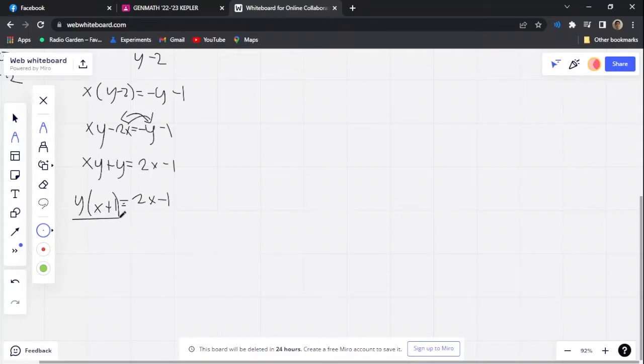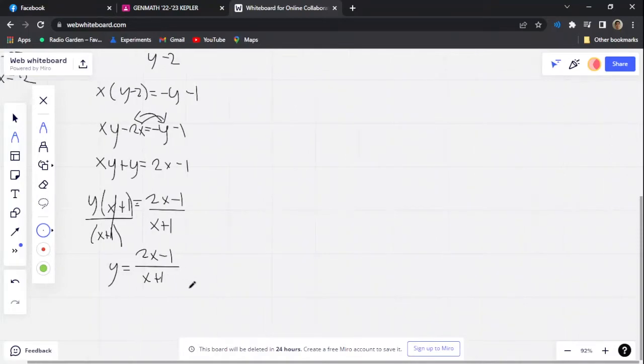Next thing to do is to divide both sides by x plus 1 so that we cancel out the x plus 1 on our left side. So we would now have y is equal to 2x minus 1 over x plus 1.